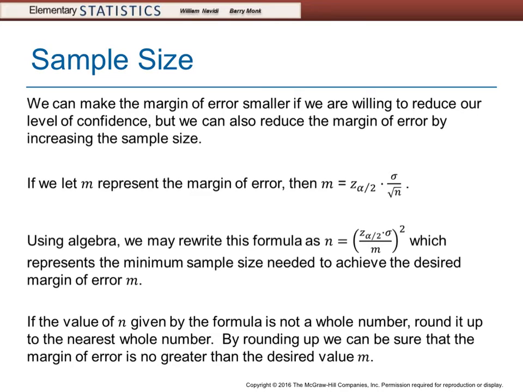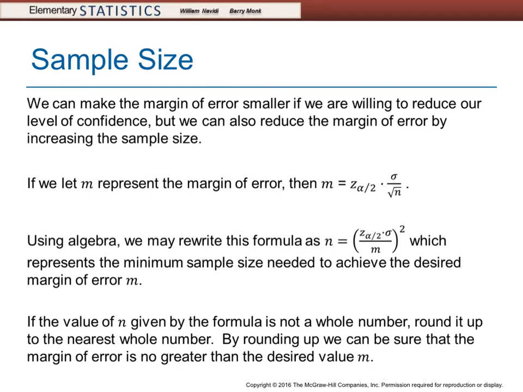If we let m represent the margin of error, then m equals the critical value times the standard error. Using some algebra, we may rewrite this formula as n equals z times sigma divided by the margin of error, all of this squared, which represents the minimum sample size needed to achieve the desired margin of error m.